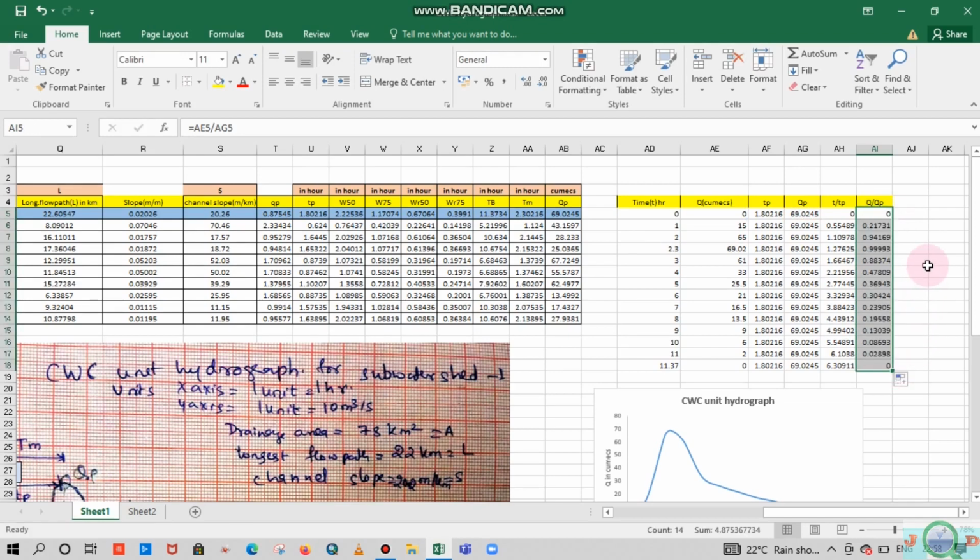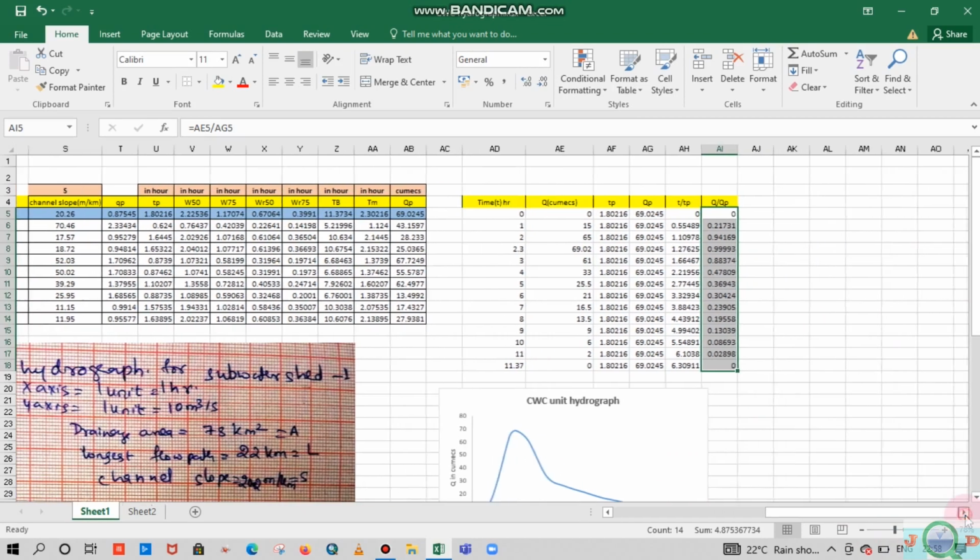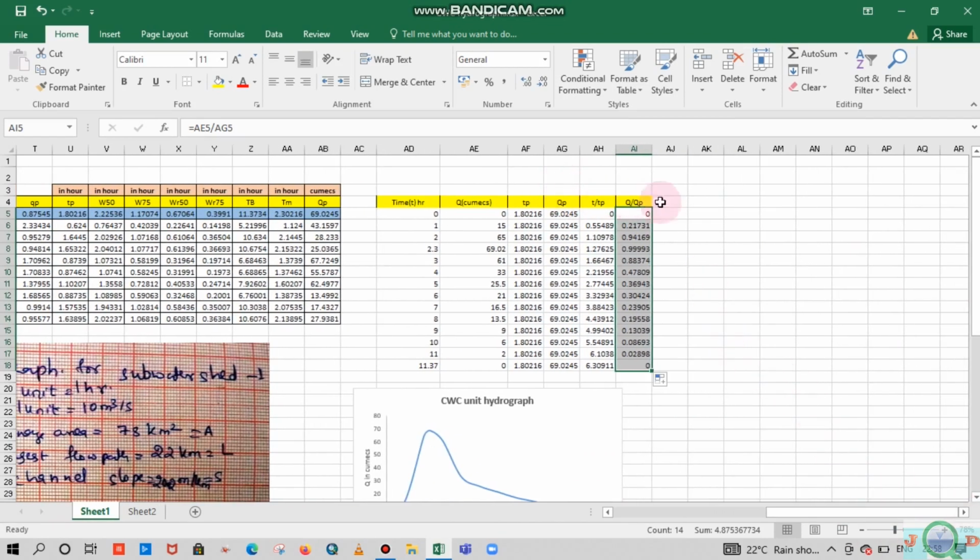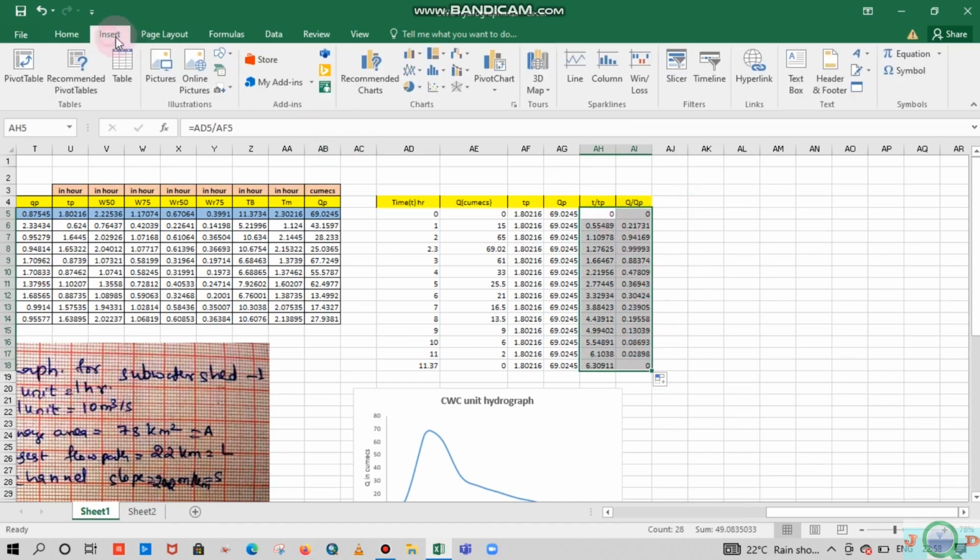All right, so we found the values of T by TP and Q by QP. So the dimensionless unit hydrograph is nothing but the ratio between T by TP and Q by QP. So we can plot the graph now. Just select these last two columns, insert graph.